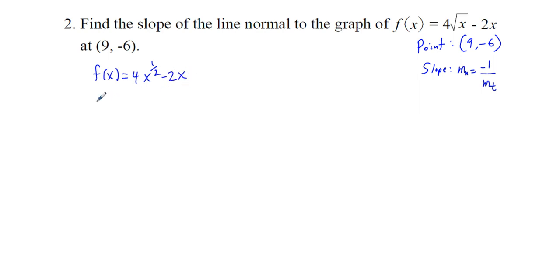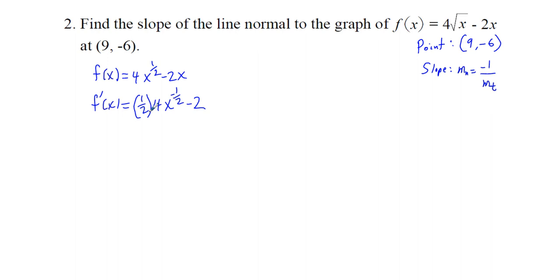And now taking the first derivative, f prime of x is equal to, we multiply this 1/2 out front times 4, and we have x to the negative 1/2, and then we have the derivative of negative 2x, which is minus 2.